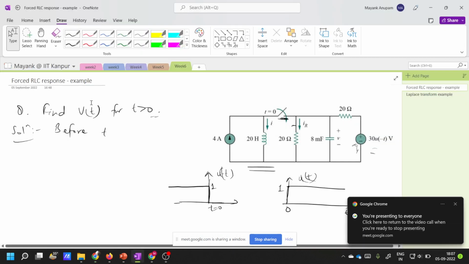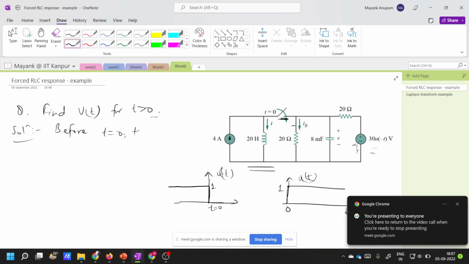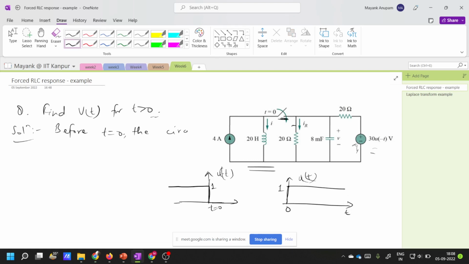Yeah, before t equal to 0, the circuit was like this, isn't it? The switch was open, right? So the part to the left of the switch was not at all present before that.